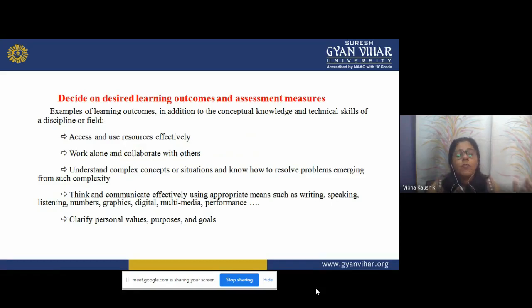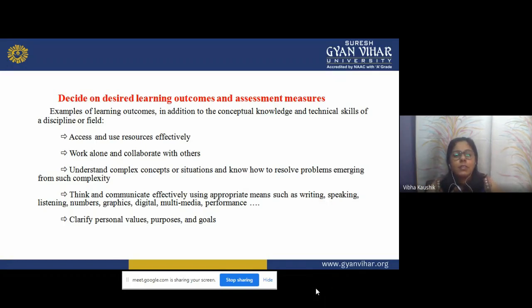As a teacher, when you are framing your syllabus, you have to decide what the learning outcomes are, and I want these learning outcomes to be achieved in a learner after completion of the syllabus.